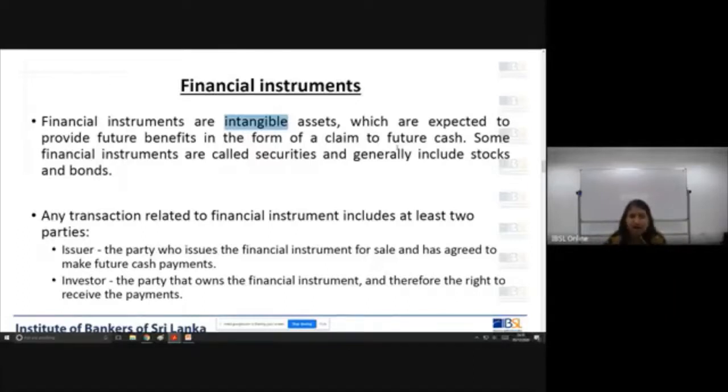So issuer, what do they do? The issuer is the party who will issue the financial instrument and collect the cash. Does it stop there? No. They collect the cash, yes, and they agree to pay the future cash repayment. Okay. Think about fixed deposits again.